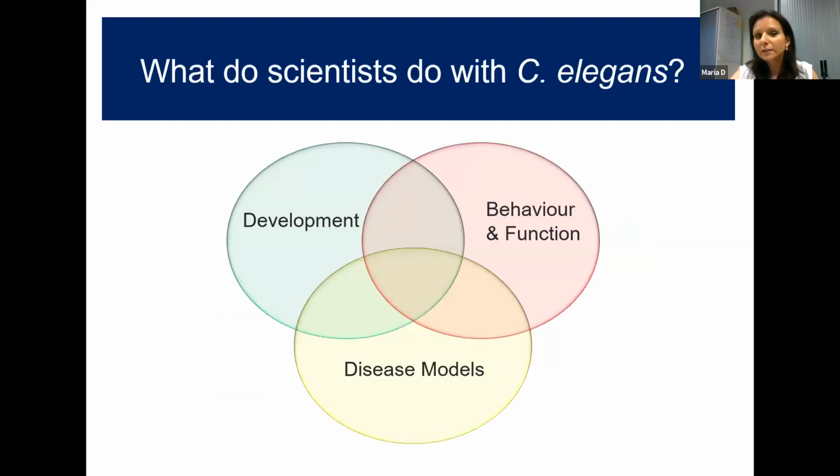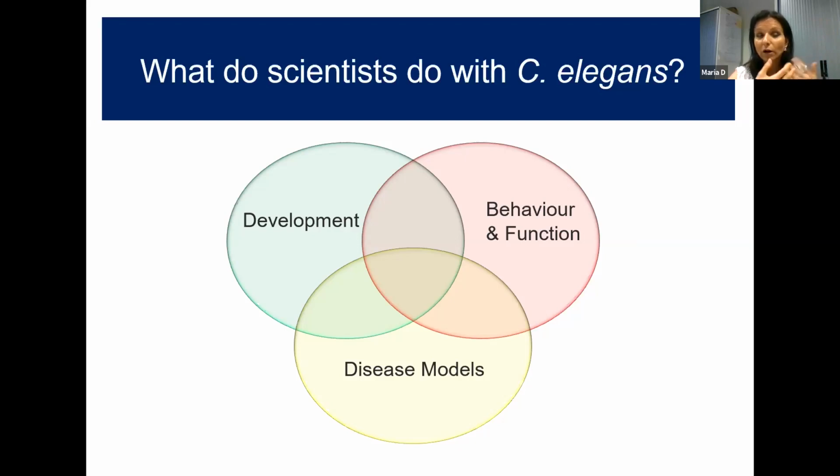So what do scientists really do with C. elegans? There are different types of C. elegans scientists. You've got scientists that use C. elegans to understand development or organ development. There are different scientists that use C. elegans to understand behavior and function. Because you remember, we are looking at mutations that affect the phenotype. The phenotype, of course, will affect the behavior.